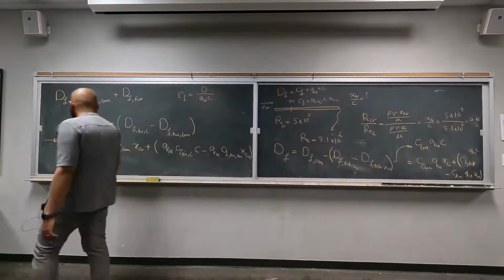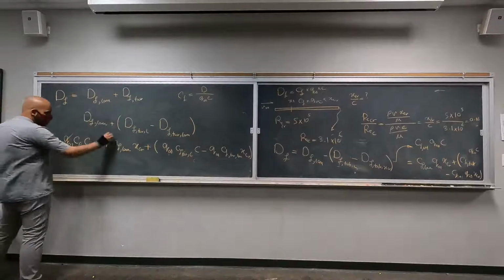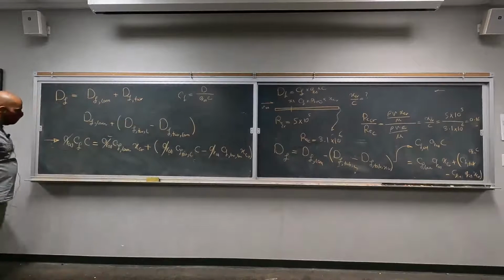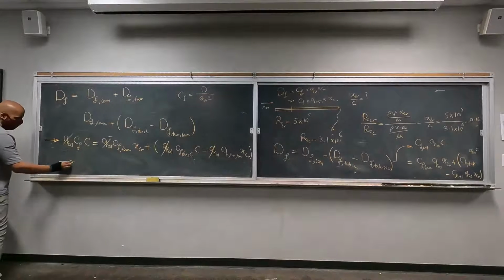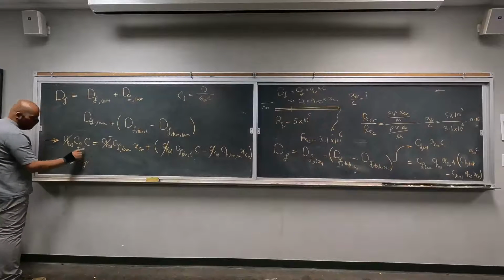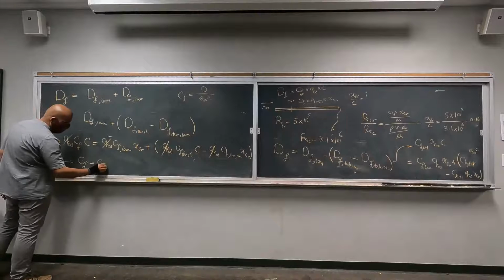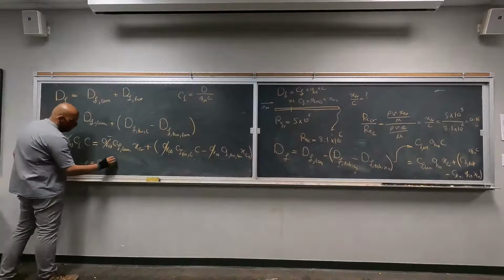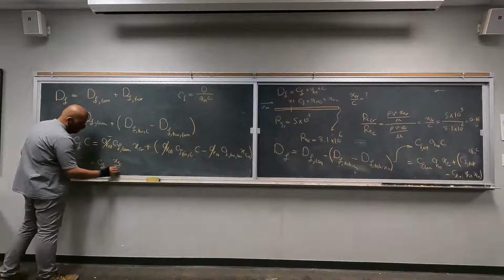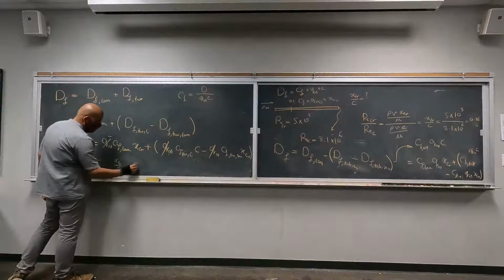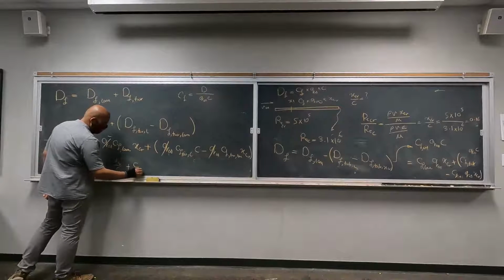So we can remove Q infinity from this equation, right? And then I'm going to move C to the other side. So CF is CF laminar, X critical divided by C, plus CF turbulent.